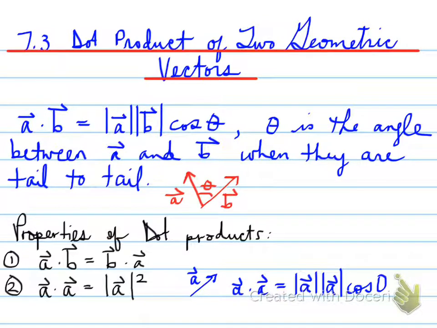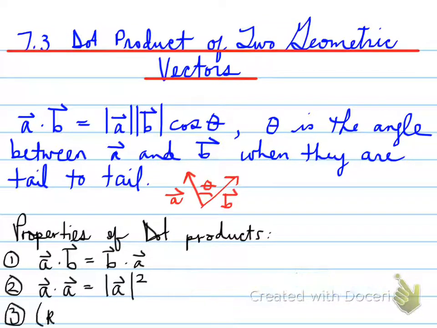Now if you remember, cosine of 0 is 1. So vector A dot vector A is equal to the magnitude of A all squared.